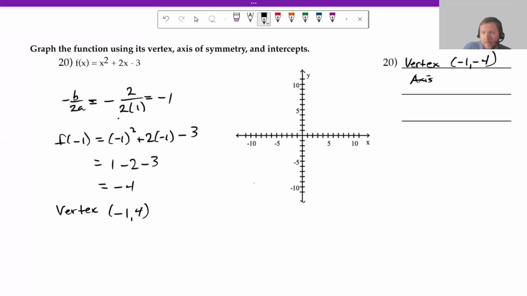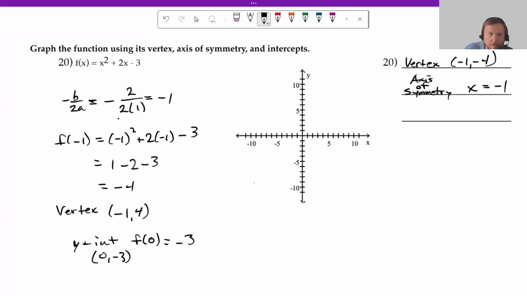Axis of symmetry is x equals -1. It's just the x component of the vertex. Okay, and then for the intercepts, for the y-intercept, we just look for f of 0, and we see that's -3. So we have 0, -3.